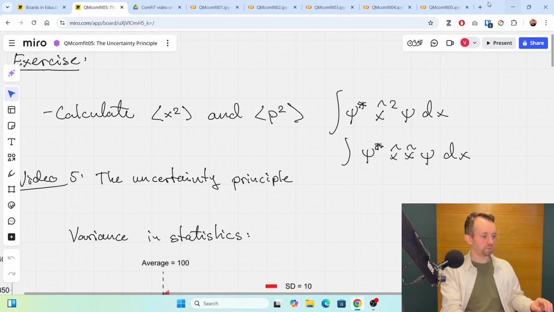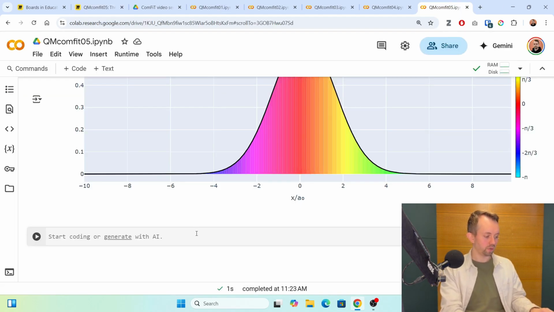To do that using our code, we write x hat applied to qm.psi, and then I want to apply x hat again to whatever I get out of this. This is going to be my x squared.